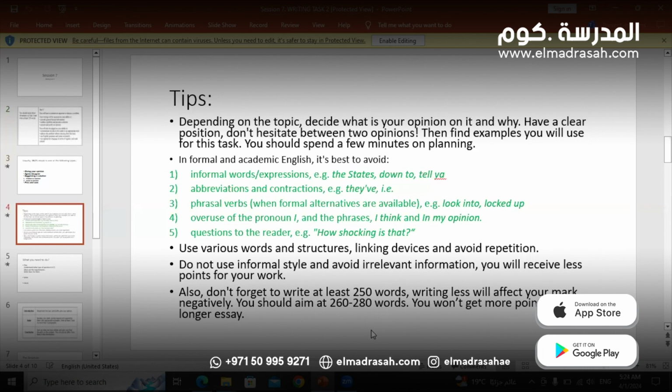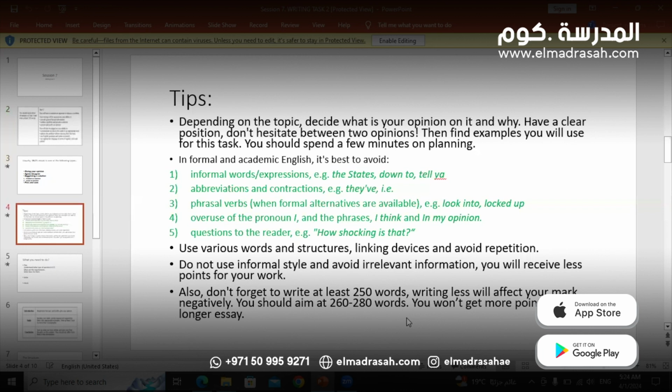You can write from 260 to 280. Don't write longer than this, because it will be a longer essay, and this can affect your score. This can make you fall into grammatical and spelling mistakes. So write 260. Don't write more than this and less than this.